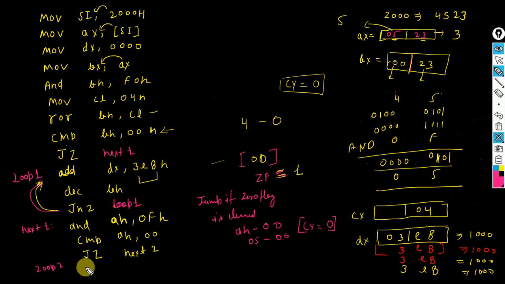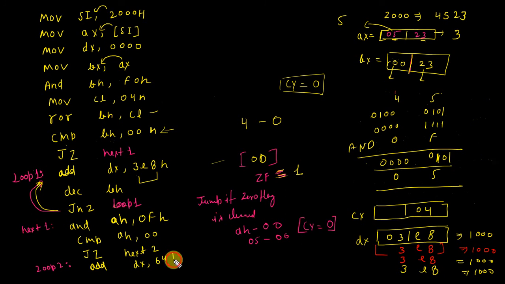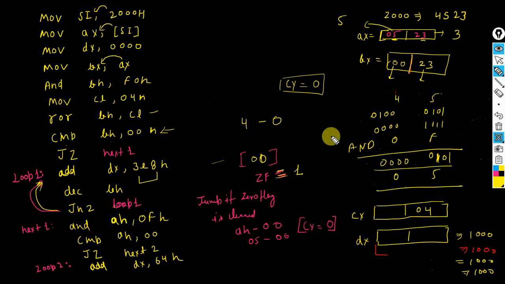Another label is group. The next instruction is ADD DX, 64H. When we check, the present value of DX is 4000.